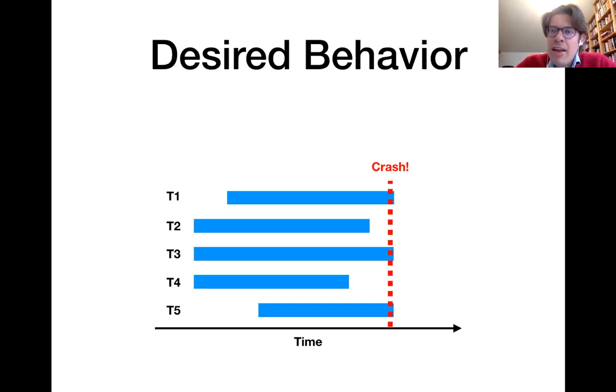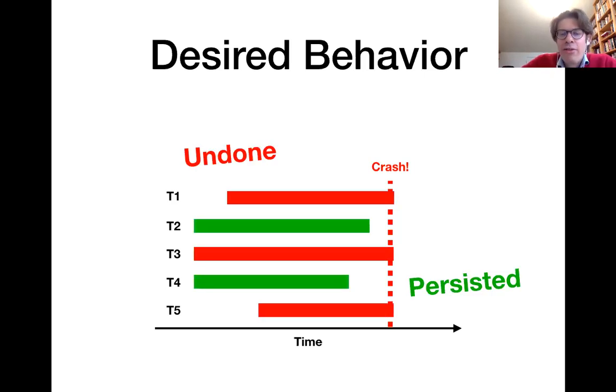Now, in this graph, basically, we have some transactions that have already executed, by which I mean they have already committed. So we have informed the user, this transaction has executed, you have nothing to worry about, and the effects will be persisted. And because of that, for those transactions that are now marked in green, we want to make sure that the effects of those transactions are actually persistent and will be recovered once the system comes back online.